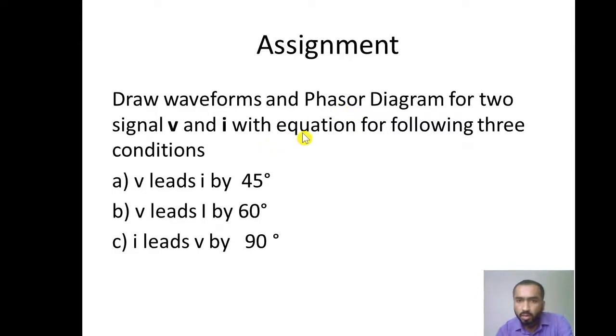In one phasor diagram you will take voltage as the reference, and in the second phasor diagram you have to take current as the reference. Then, with equations, you have to write the equations for voltage and current for each condition.